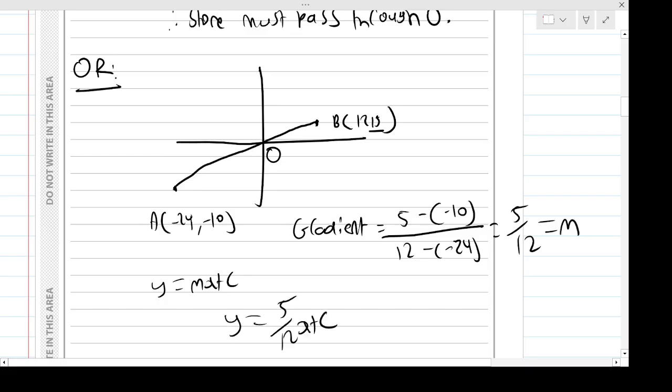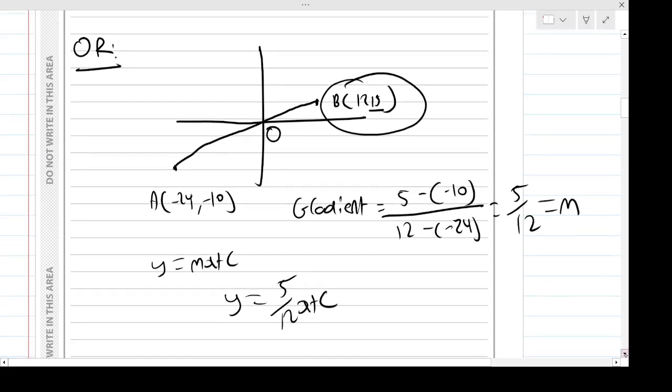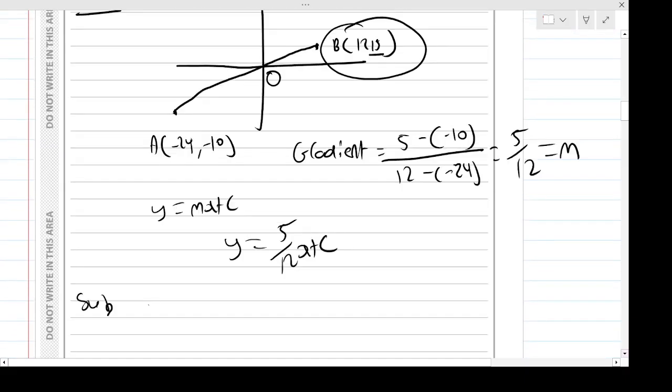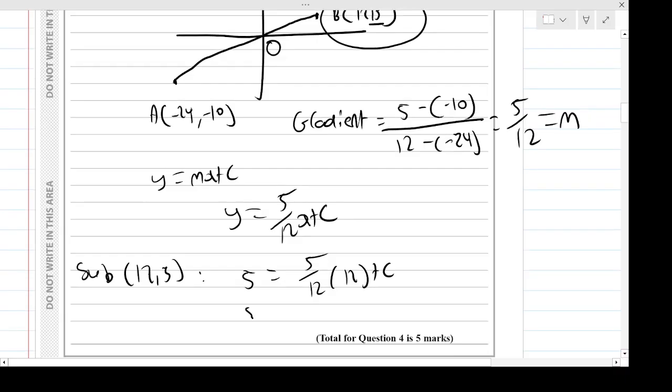Then to find c, I could just substitute a point in. So let's substitute B in here. B is 12, 5. So sub that into this line. y is 5, that's going to be 5 over 12 of x, which is 12, plus c. And then we get 5 equals 5 plus c. Therefore c is 0. Actually, we're done here because that's telling me the y-intercept is 0.